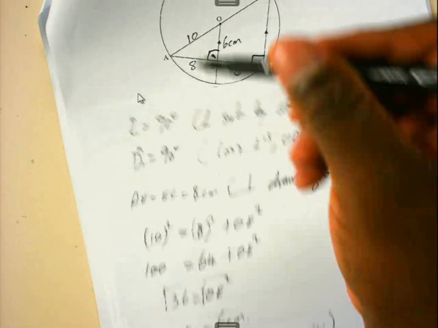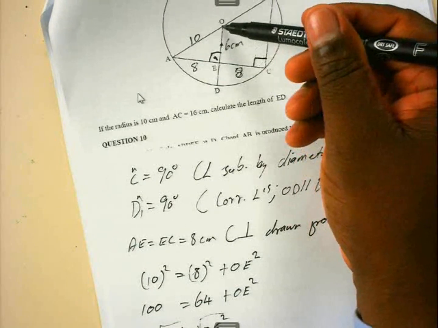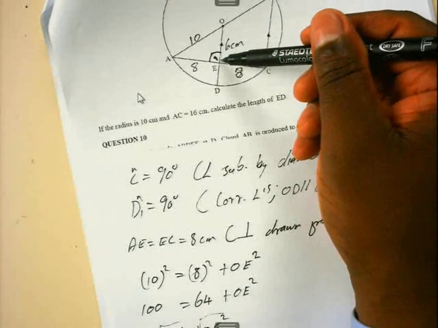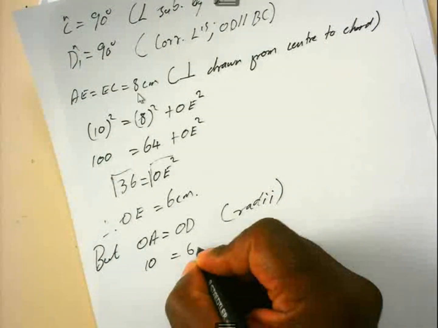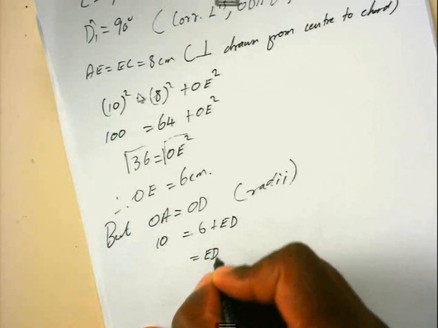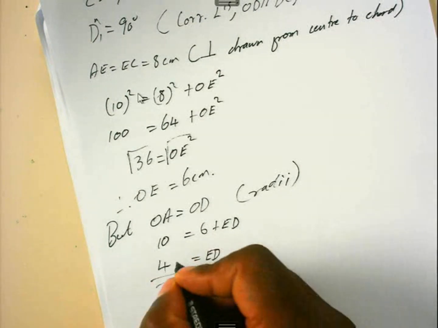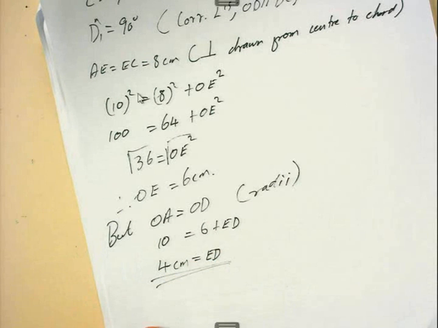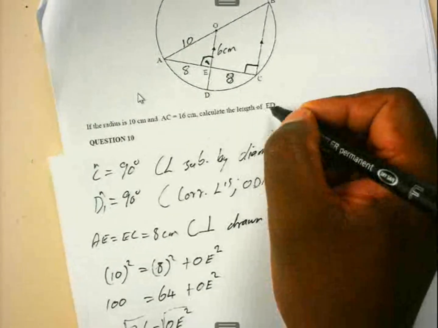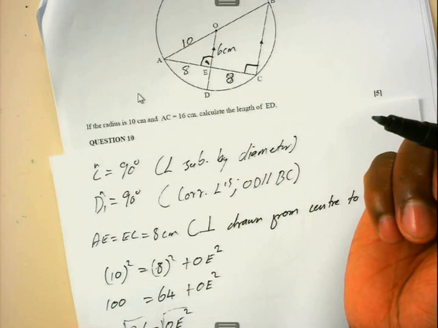Check OD. OD is 6 plus ED. This is OE plus ED, and OE is 6. Therefore, ED, you transpose, ED will be 10 minus 6, which will give you 4 centimeters. Therefore, when answering this question, ED will be equal to 4 centimeters.